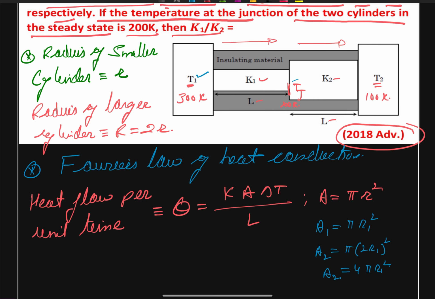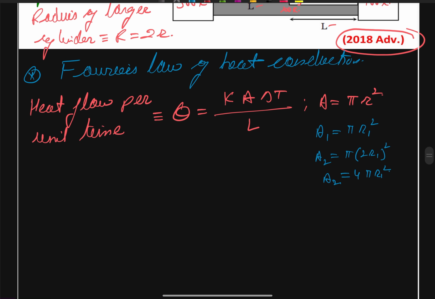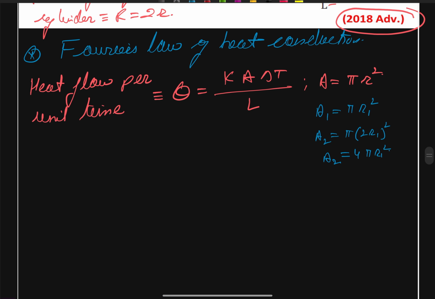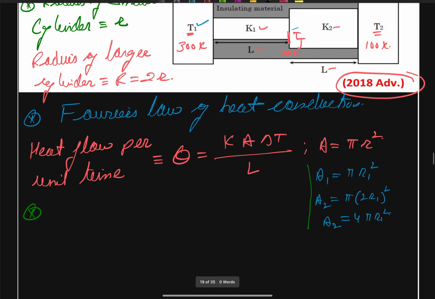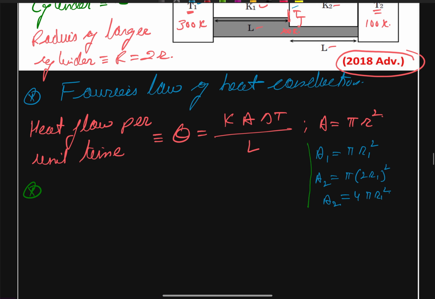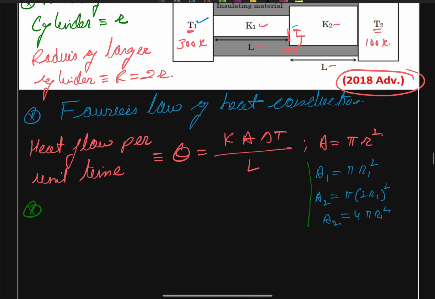So we have our smaller cylinder connected between 300 and 200, and the larger is connected between 200 and 100.